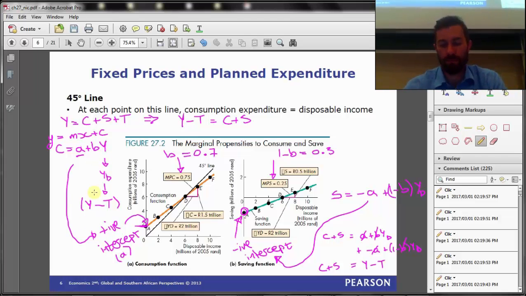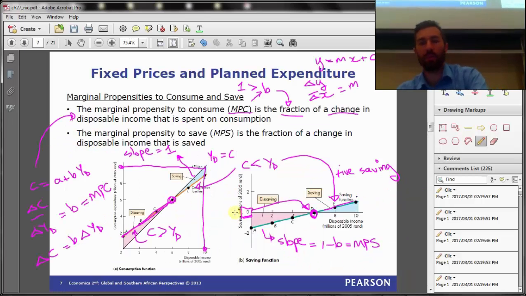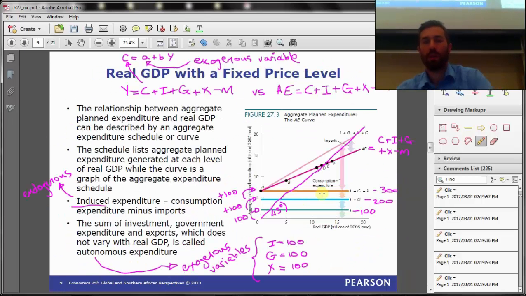What we can do is plot our level of expenditure. This is consumption expenditure, and when we combine it with our other variables, we have an upward sloping aggregate expenditure function. If we plot aggregate expenditure against output, or against income, we have an upward sloping aggregate expenditure function.